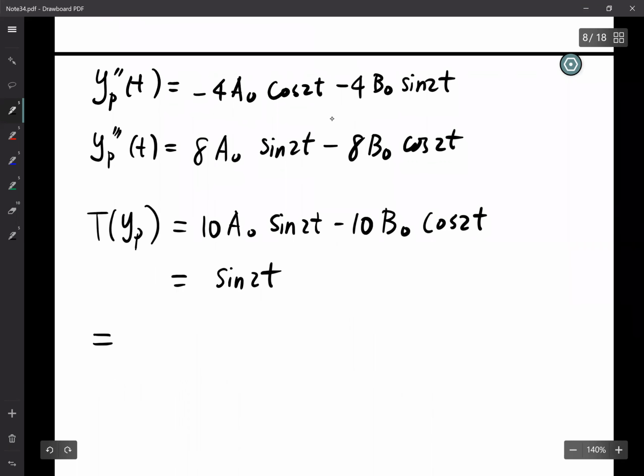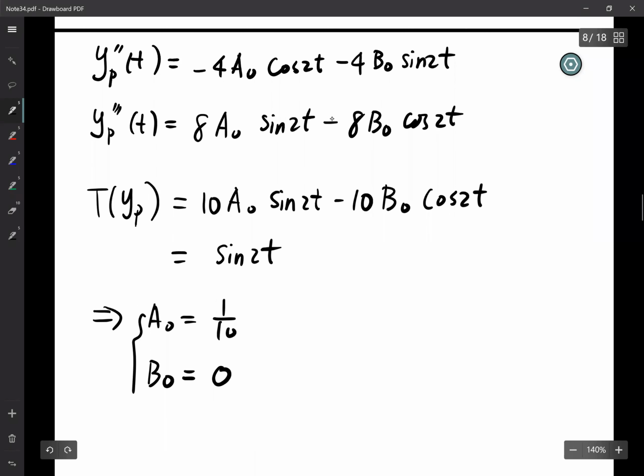So we have A naught is 1 over 10, B naught is 0. So ypt is 1 over 10 cosine 2t.